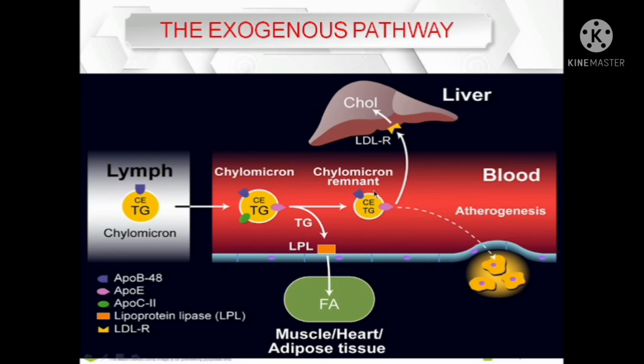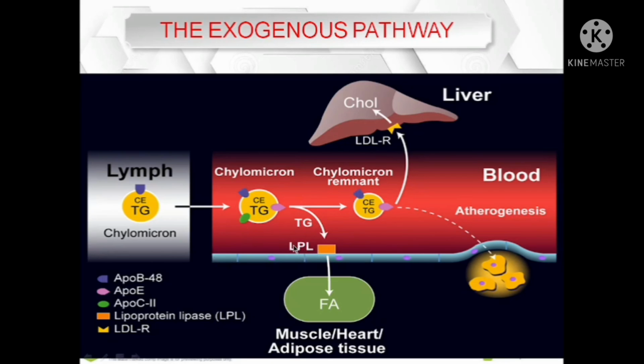So how does the remnant leave circulation? It moves to the liver, and the liver has a receptor that recognizes the ApoE on the chylomicron remnant, and so it is removed from circulation. It is very interesting if you understand this.